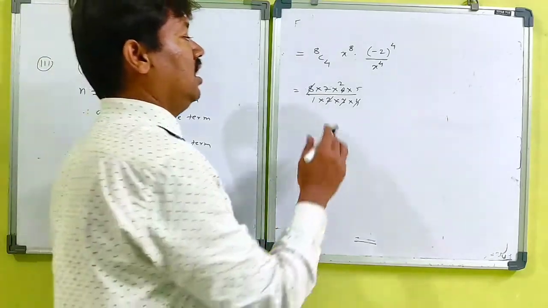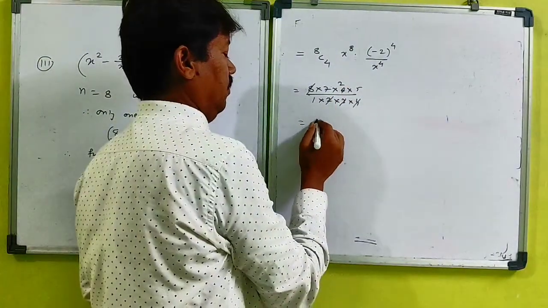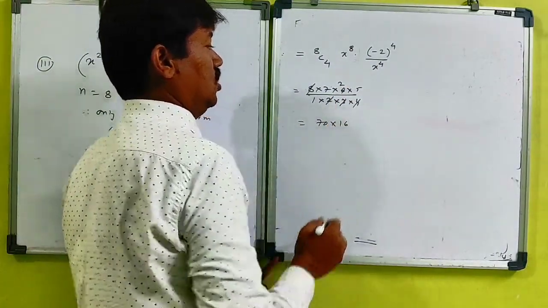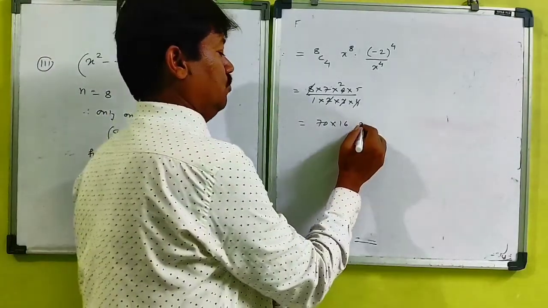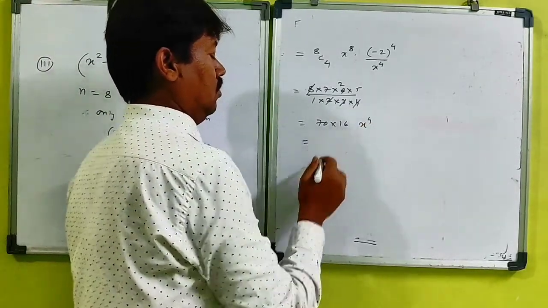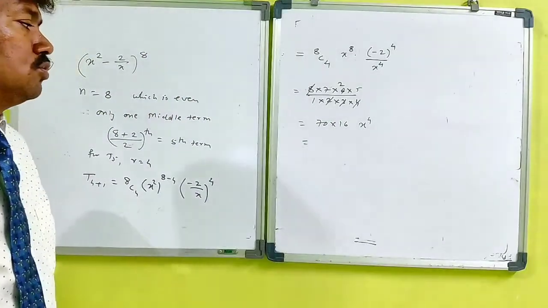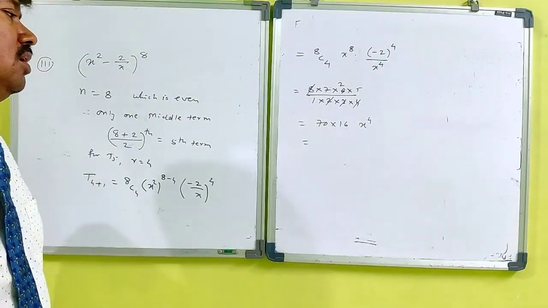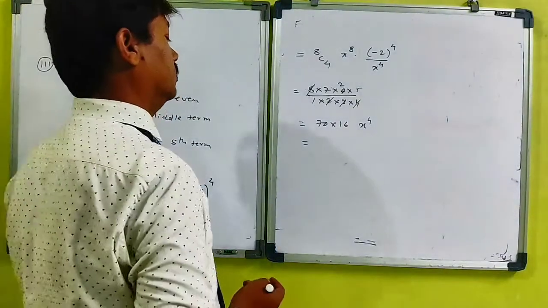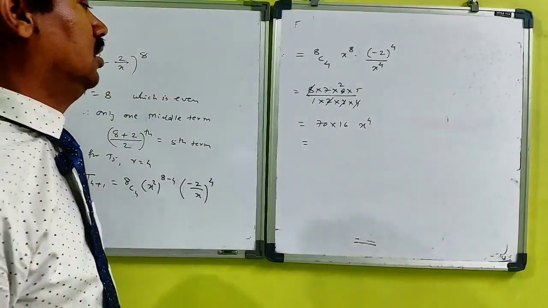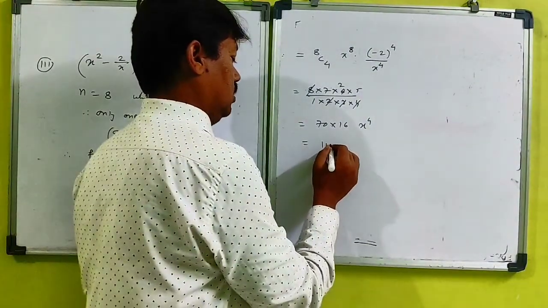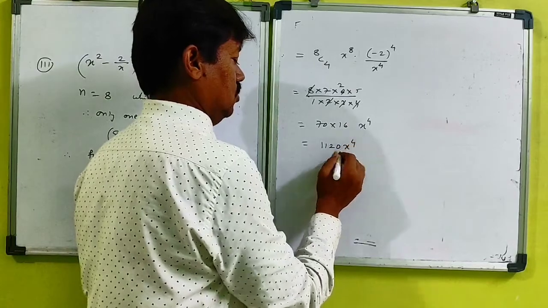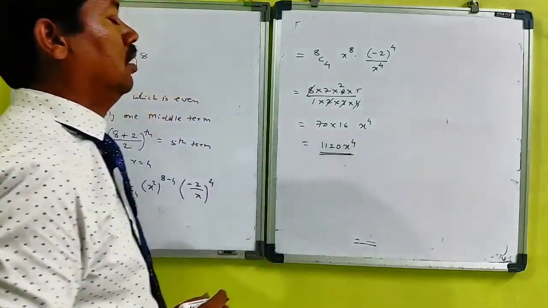So it is 70 into 16 x raised to 4. To calculate that, it is 1120 x raised to 4.